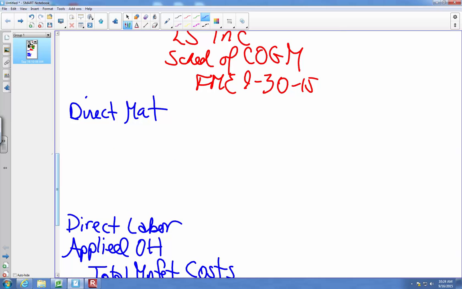So direct materials, let me just back up. Raw materials inventory has what kinds of materials in it? It does have traceable, which is called direct. But what do we do when we buy the gaskets and the wood glue and all that stuff? Where does that go when we buy it?